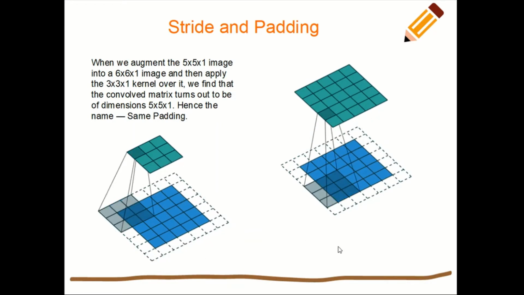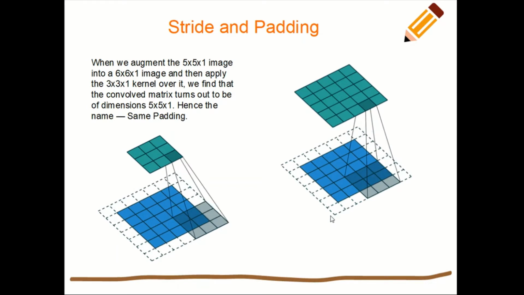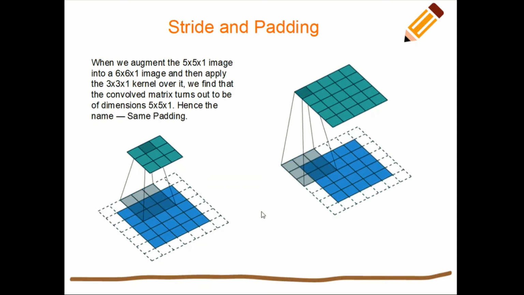But if we pad it with dummy pixels around it, then we'll get a 5 by 5 activation. So that is the concept of padding: having dummy pixels around the image, so that the feature map shape remains the same as the original image, right?